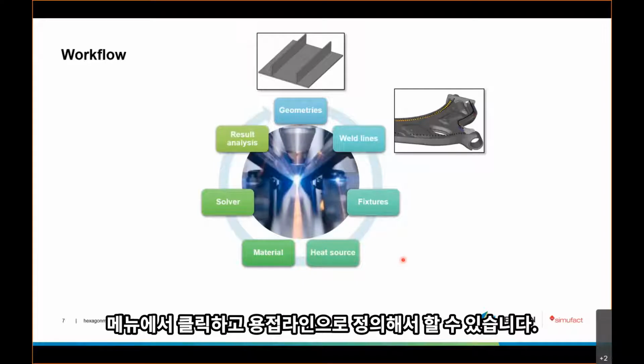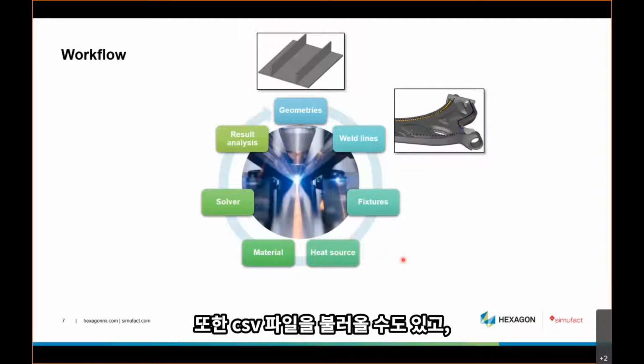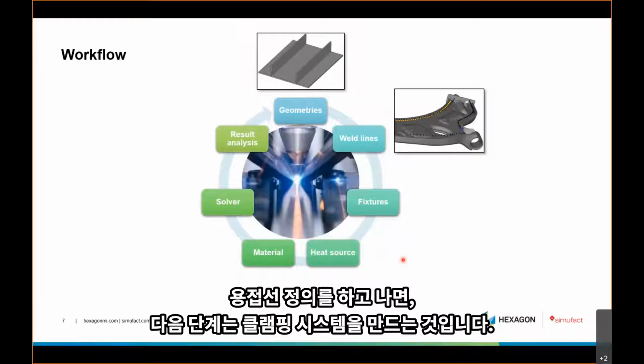You can do this in our GUI either by clicking on edges and defining certain edges as being weld lines, but you can also import CSV files, or you can also import NC code like G code if you have them. And the next step is really to add fixtures, the entire clamping system.